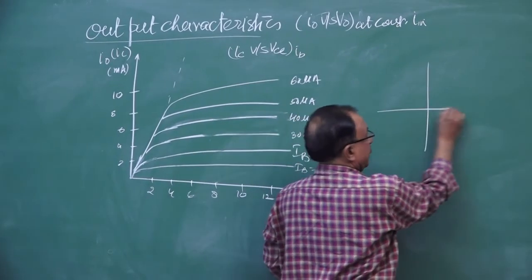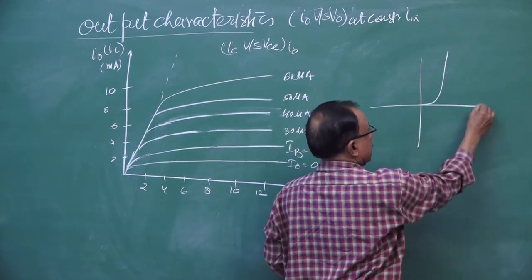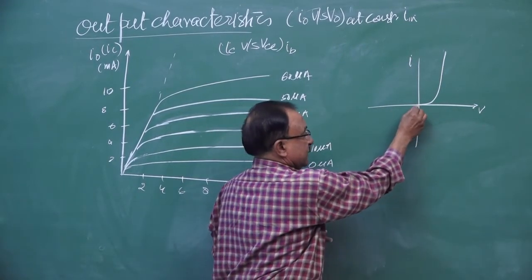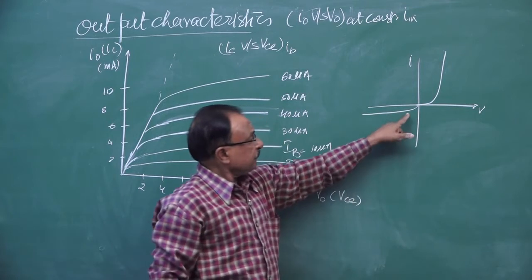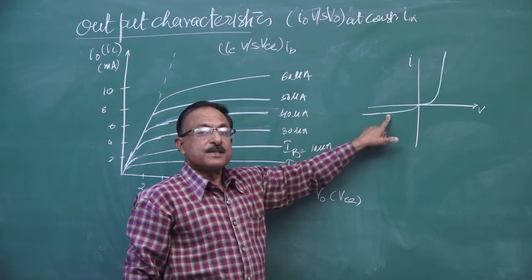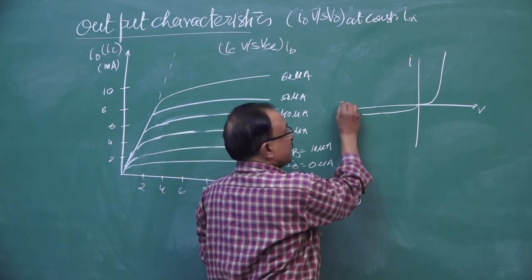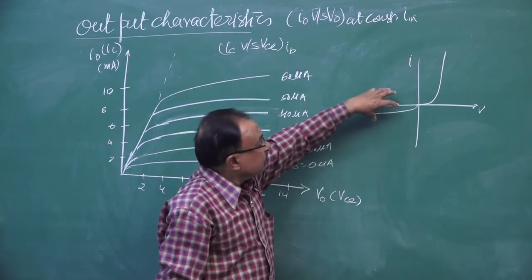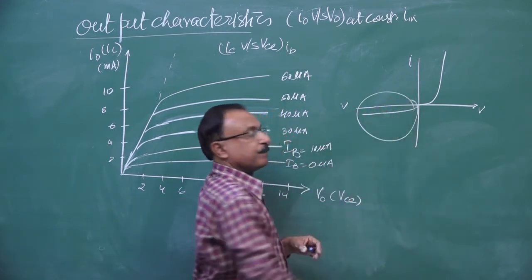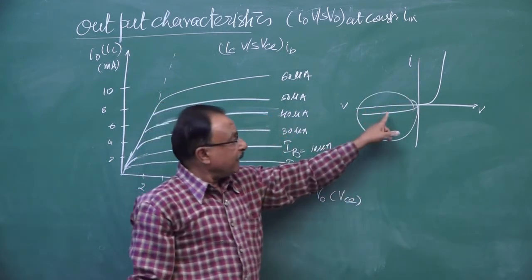I just remind you, this is the forward bias, voltage versus current. And this is the reverse bias, where a constant leakage current flows. We call it the reverse saturation current, which does not change much with the voltage. So our output characteristic will be this one portion, like this.